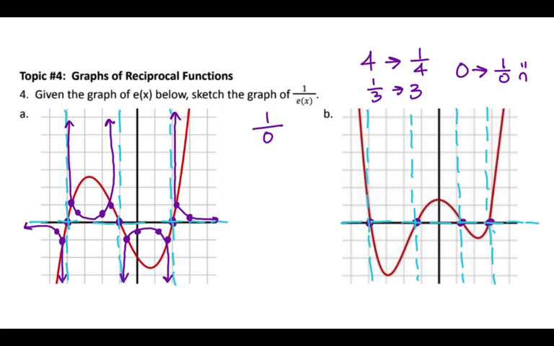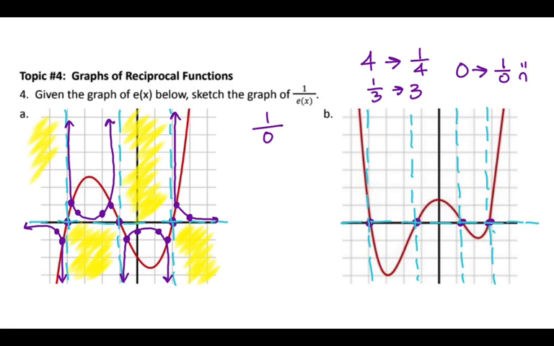Now, one thing I want you to notice is the only time I had a reciprocal graph, so not green, that's definitely purple, the purple pieces are wherever the red graph existed. So what I mean by that is I don't have any purple pieces over here. I don't have any purple pieces over here. Don't have any purple pieces over here.